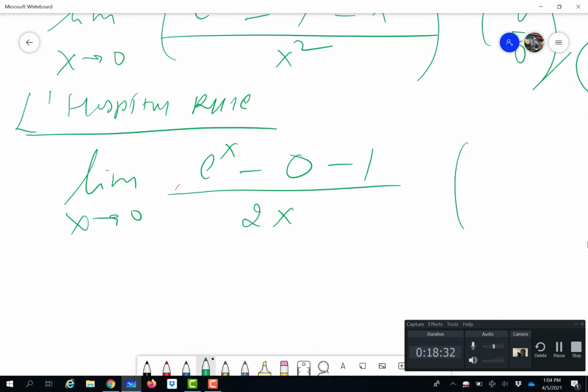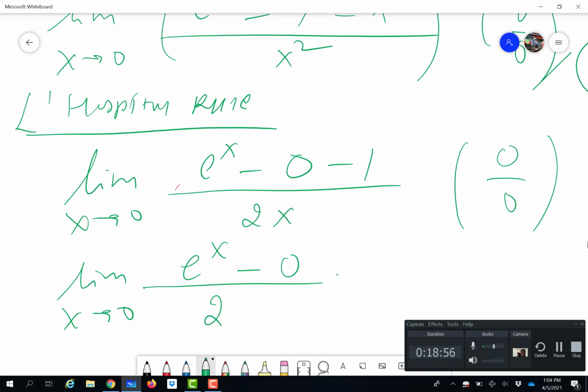The top part is e to the 0 minus 1, e to the 0 is 1, minus 1 is 0, bottom part is also 0. One more time, again we got 0 over 0. Let us find the derivative again. e to the x is e to the x, minus 0, minus derivative of 1 is 0, and derivative of 2x is 2.